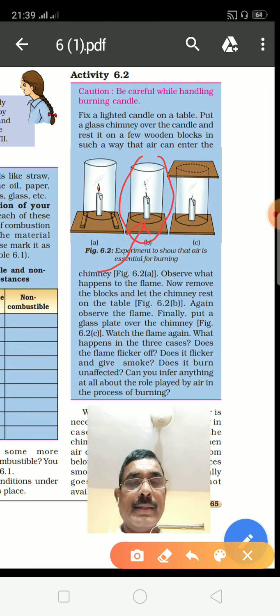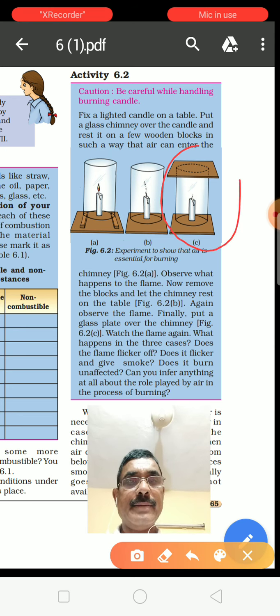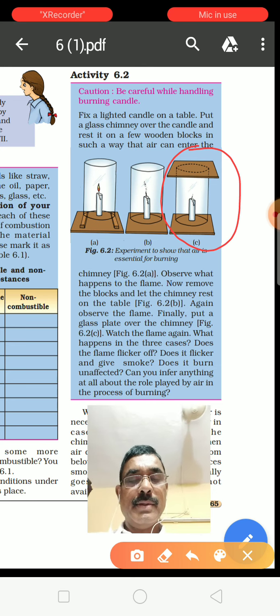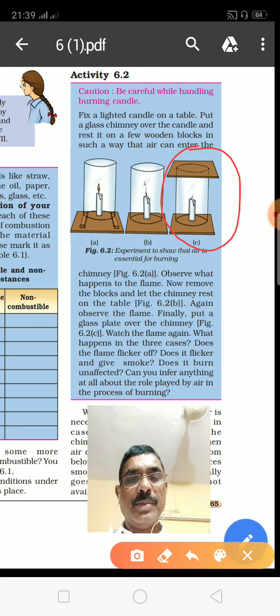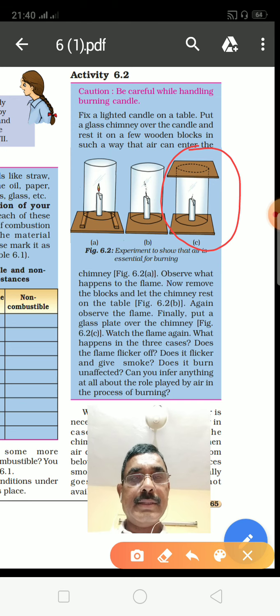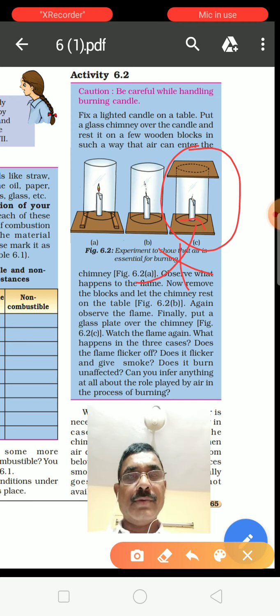Then in the third case, that is setup C, one glass plate is kept on the upper opening of the chimney, so that no air is available either from below or from top.